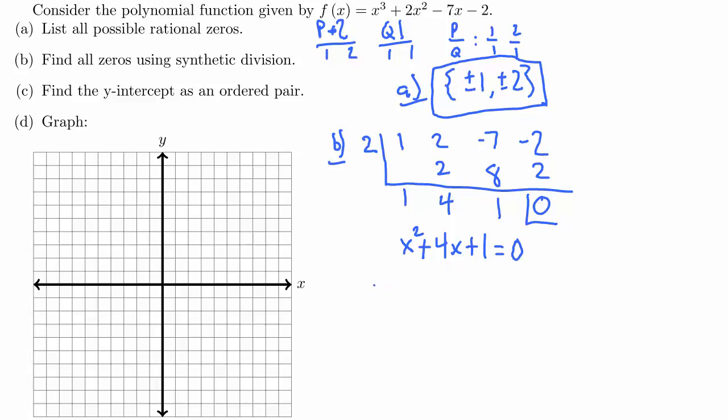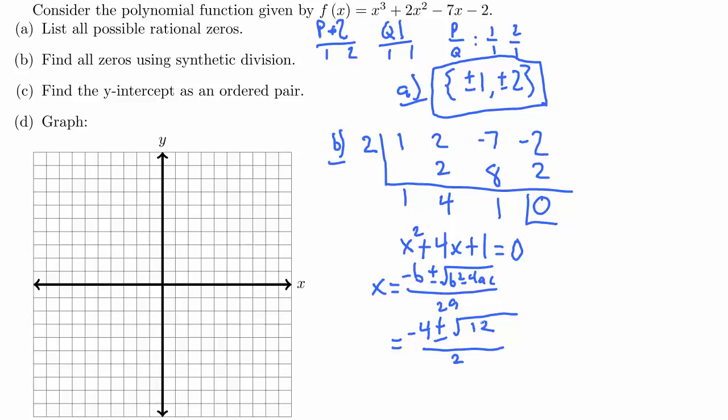So this gives me x equals negative b plus or minus the square root of b squared minus 4ac all over 2a. So that gives me negative 4 plus or minus the square root of 16 minus 4 times 1 times 1, which gives me 12, all over 2 times 1, which is 2.